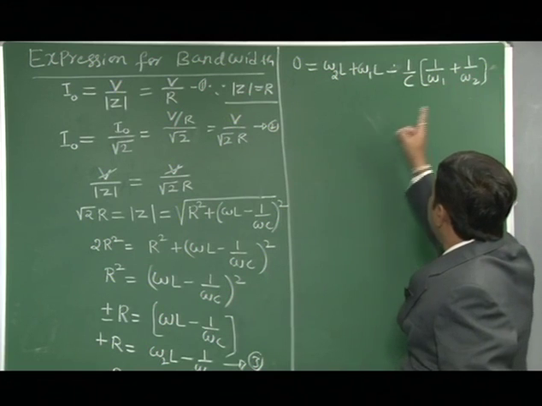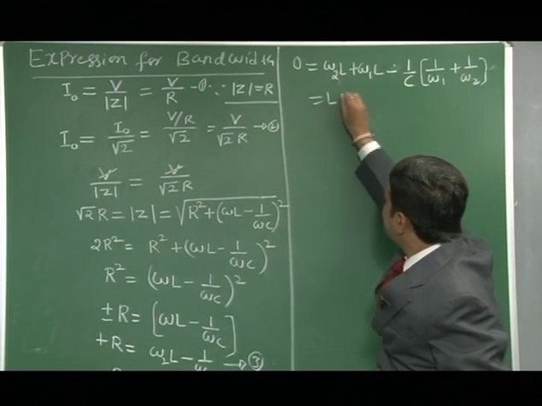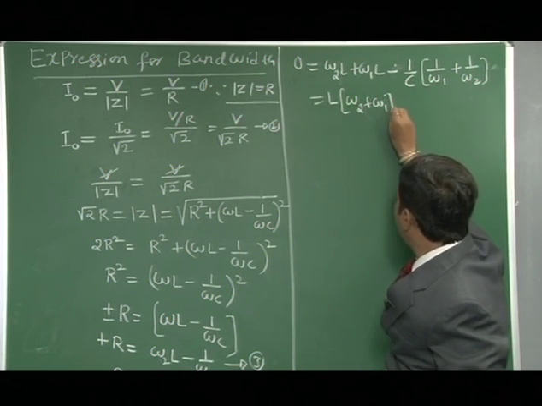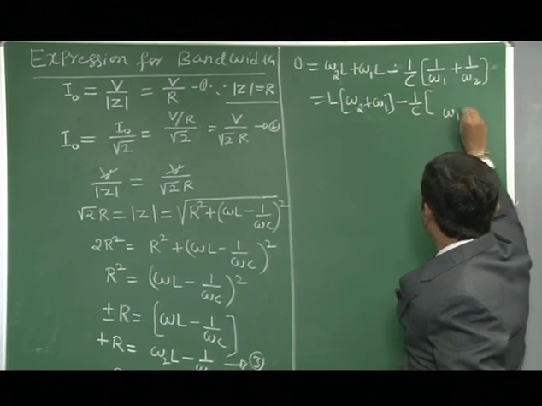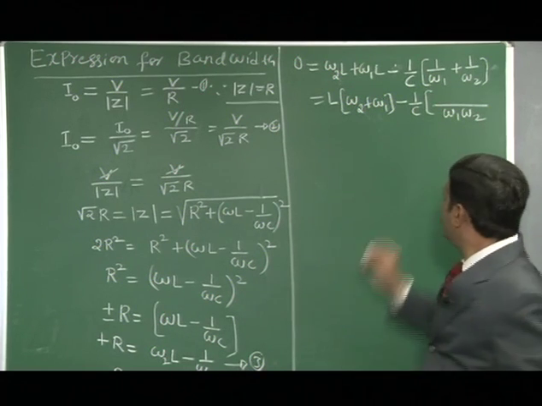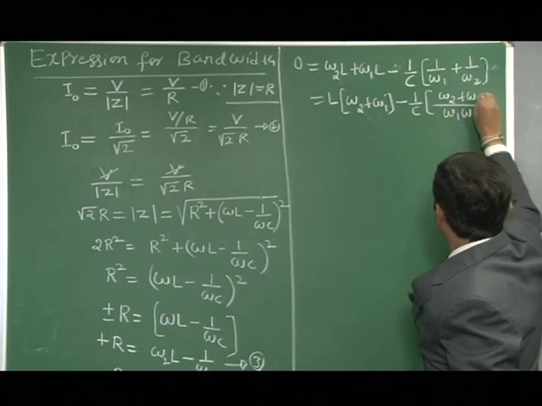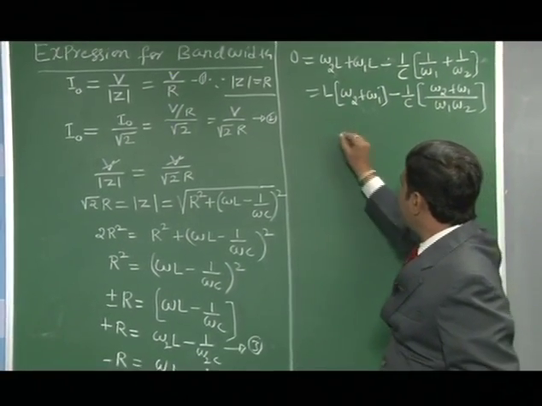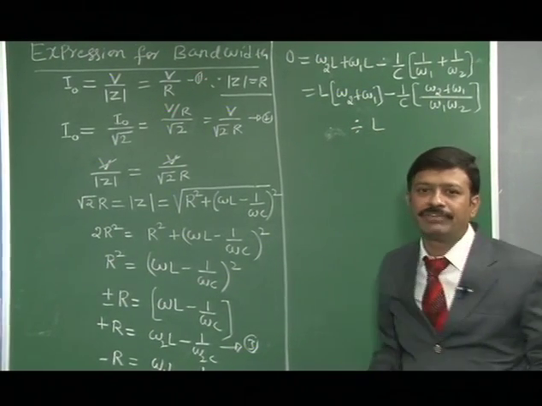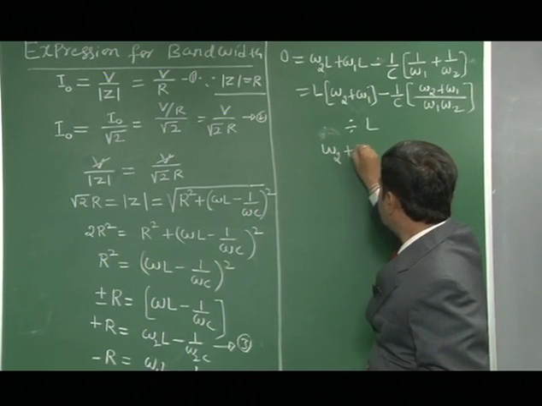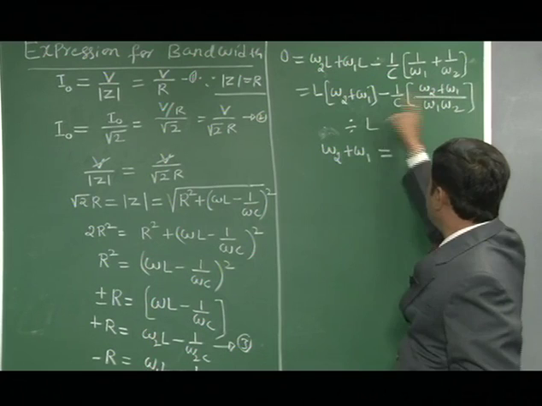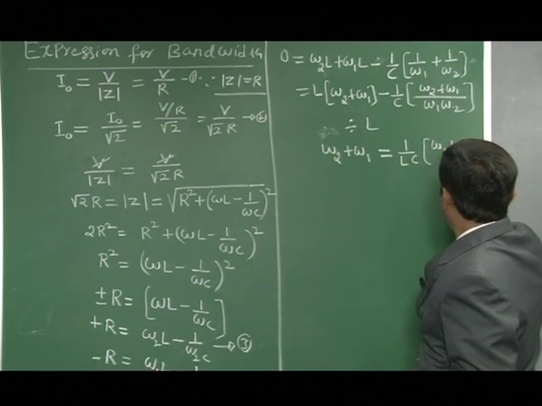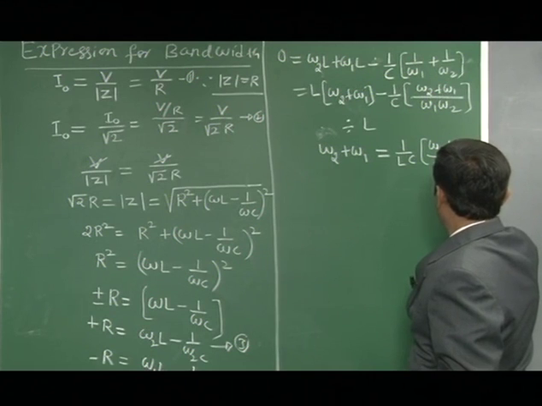Next, I will take L common. It will be L times (omega 2 plus omega 1) minus 1 by C times (omega 1 plus omega 2) by omega 1 omega 2, taking omega 1 omega 2 as the LCM. Divide the above expression by L, and you will get omega 2 plus omega 1 equal to 1 by LC into (omega 1 plus omega 2) by omega 1 omega 2.